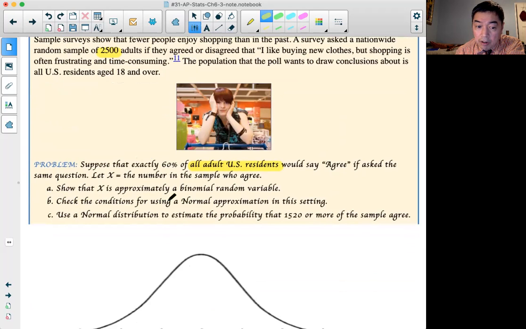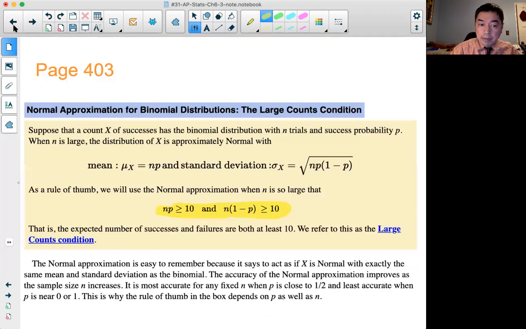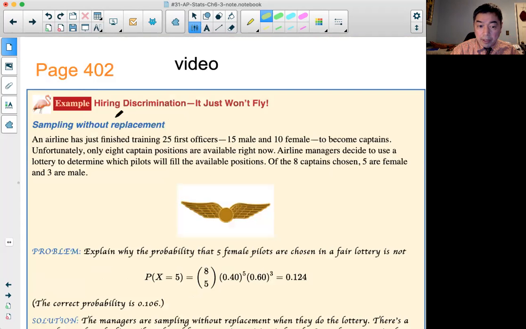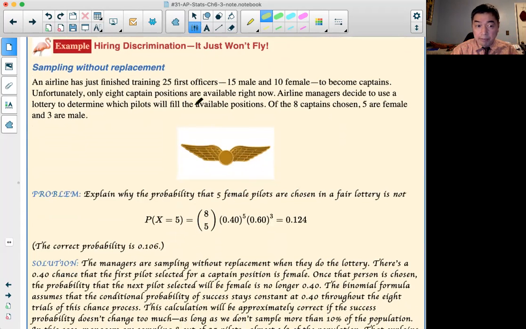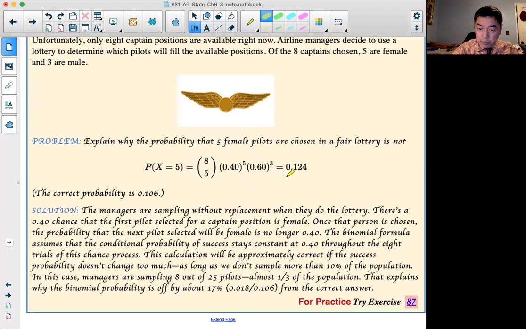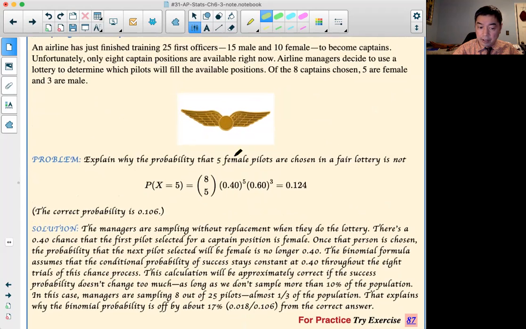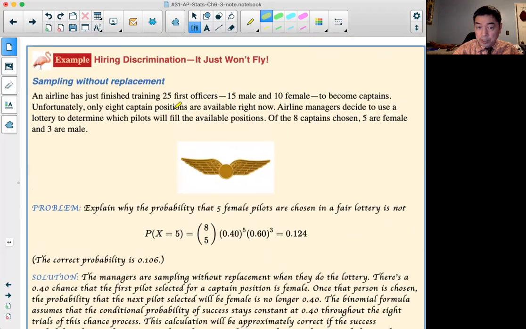Okay, now that's letter A. Check the condition for using a normal approximation in this setting. What was the condition? That was about the airline company, to find the captain rule. So we couldn't use the binomial probability setting, this one, because we didn't have enough population yet.